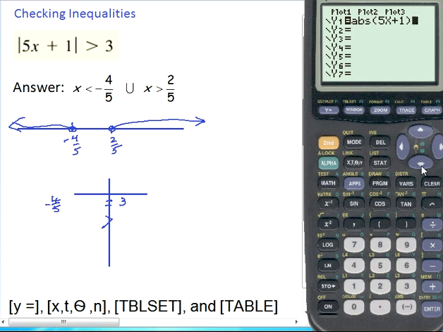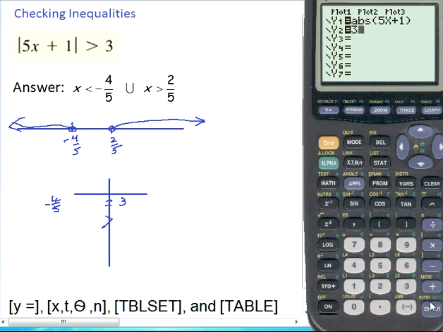And let's just go ahead and put in 3 there. And remember, the boundary points are supposed to make it equal to 3, and the other points are supposed to make it greater than 3.